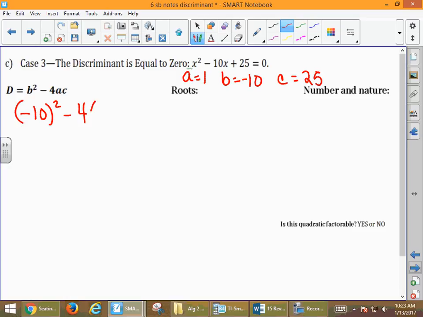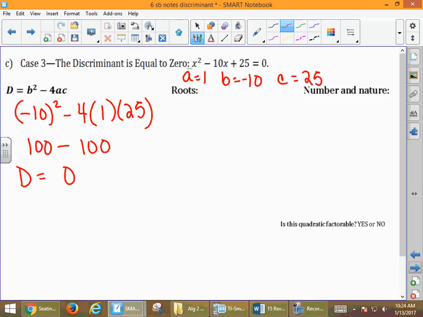Minus 4 times A times C. And this situation again is that we're going to end up with the discriminant equals 0. Negative 10 squared is 100. And 4 times 1 times 25 is 100. And 100 minus 100 is 0. So our discriminant equals 0.